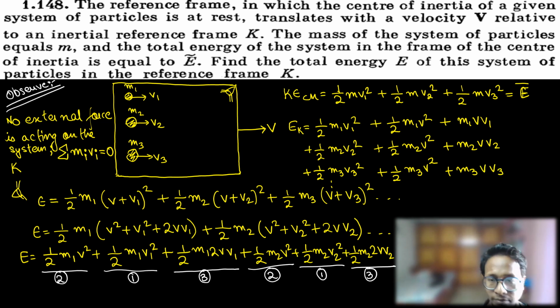Understood? So the total kinetic energy of all the particles as seen by this frame is nothing but these values. I just rearranged this entire equation in this format.